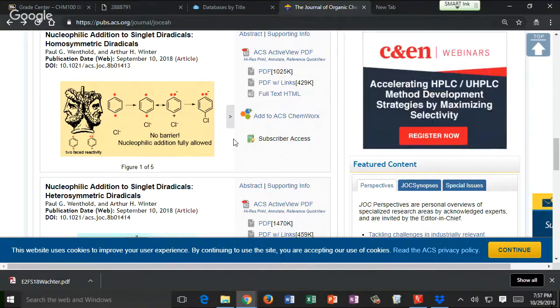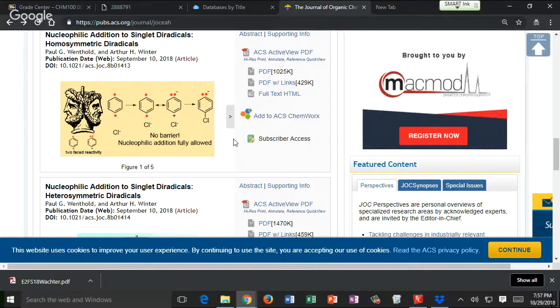So you could have a molecule with like 4 or 5 different functional groups or more on there.